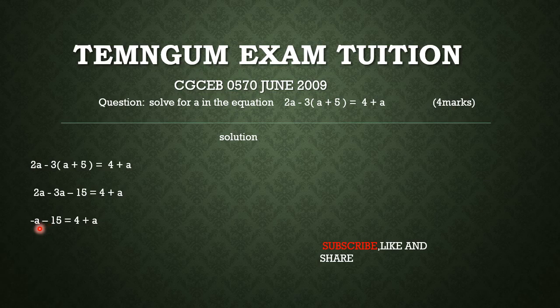So take it that when you're owing something, you take it as negative. When you're having something, you take it as positive. Basic explanation. Minus a minus 15 equals what? 4 plus a. Like I said, you copy exactly what you have left, the quantities that have not been touched. In the next slide, let's go ahead.